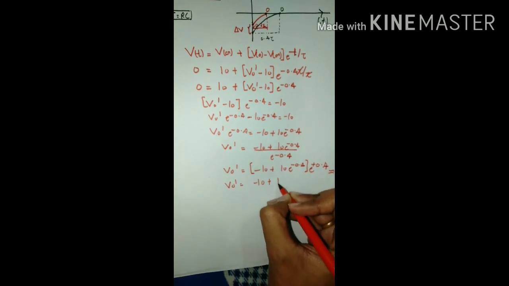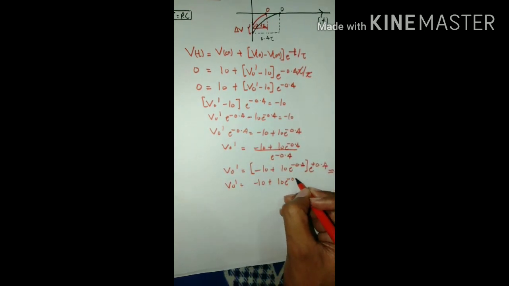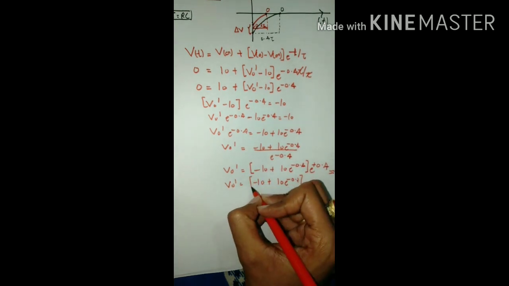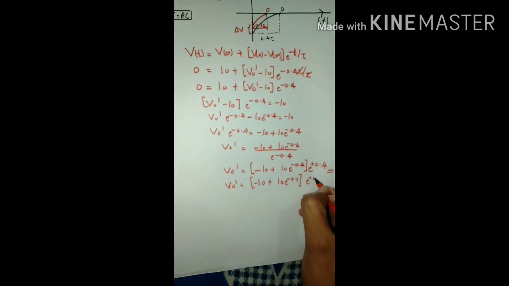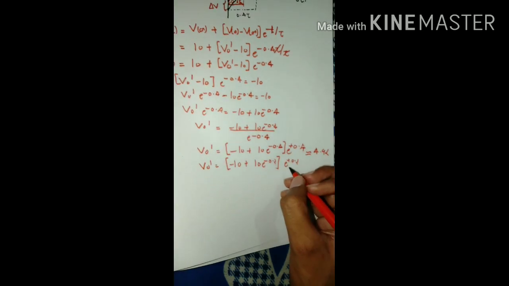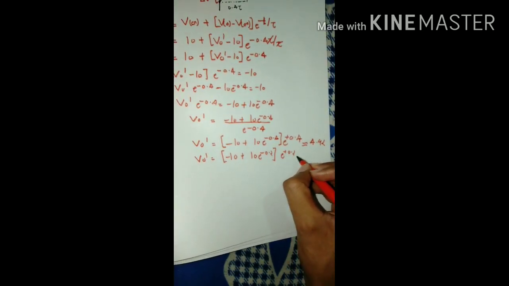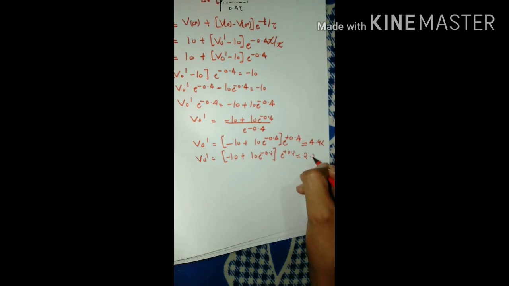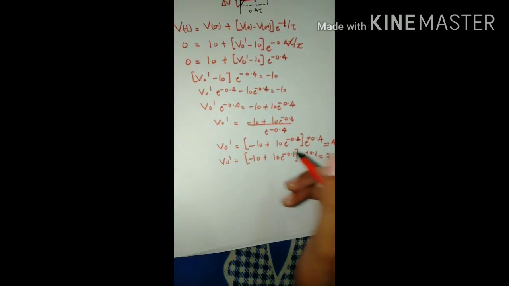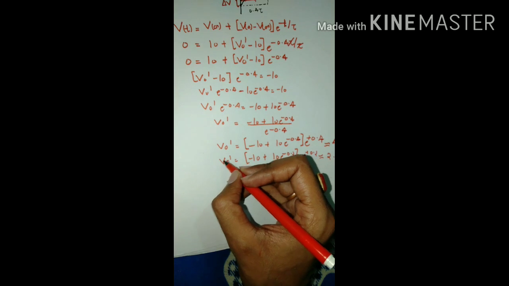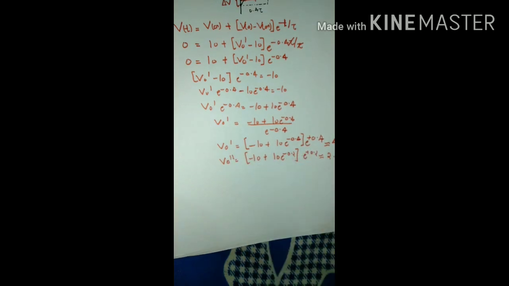Minus 10 plus 10 e to the power minus 0.2, e to the power plus 0.2, and after that by solving this equation we get 2.21. Now let's say it's V naught double dash.